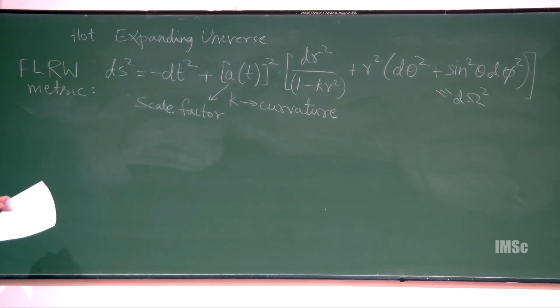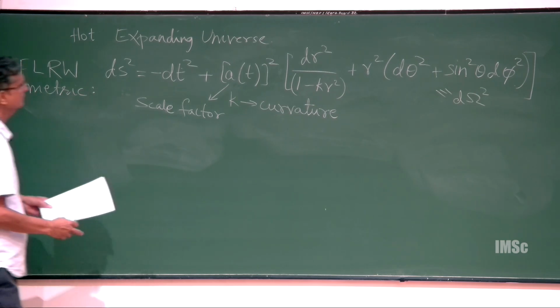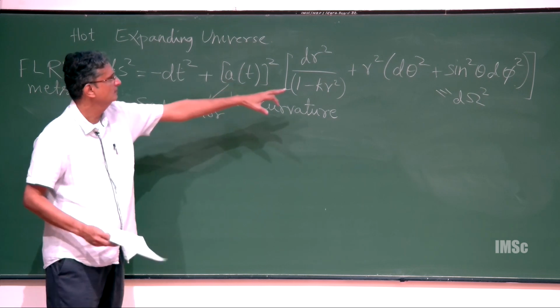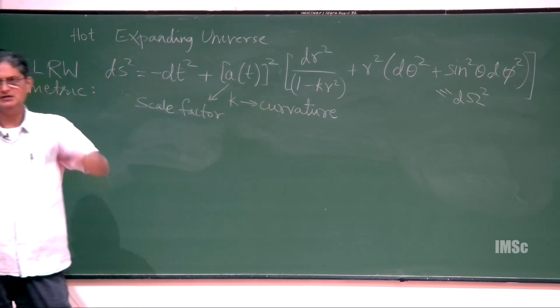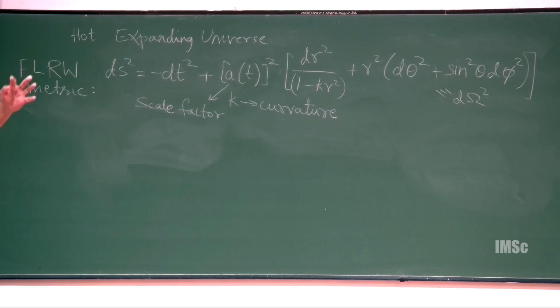And it is a very simple thing. If a of t increases, lengths increase, right? It just scales all of the lengths by the factor a of t.